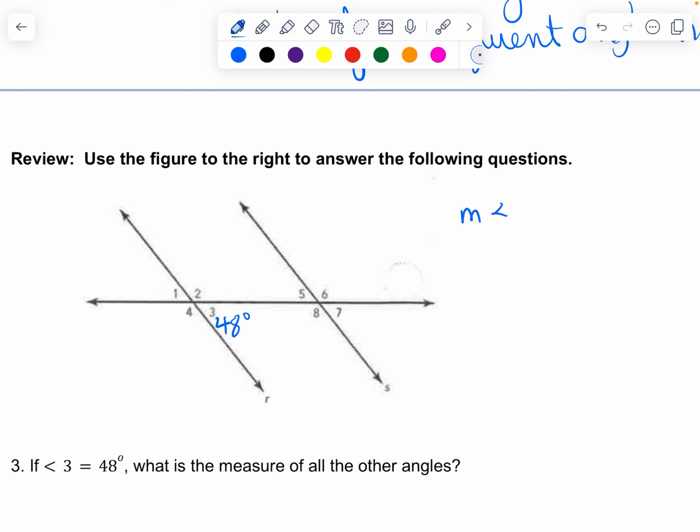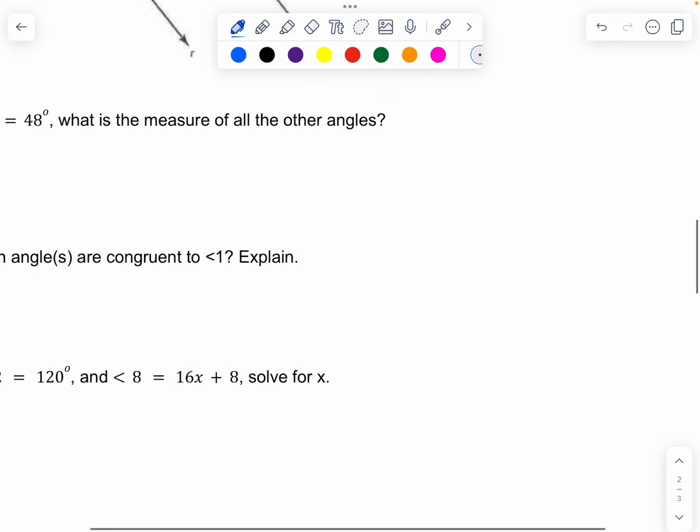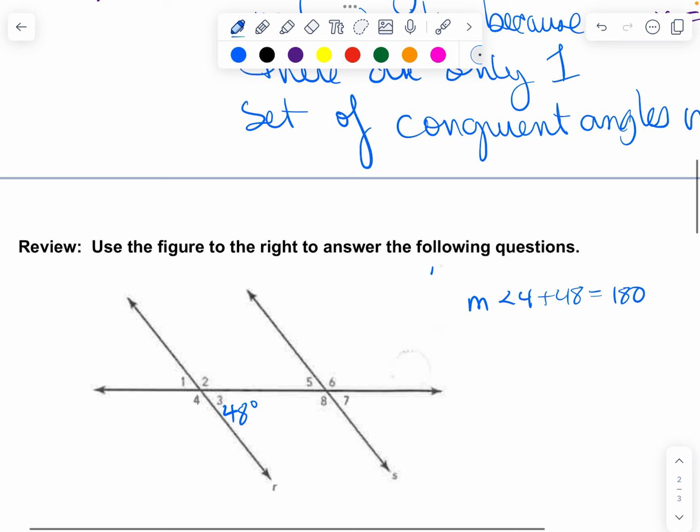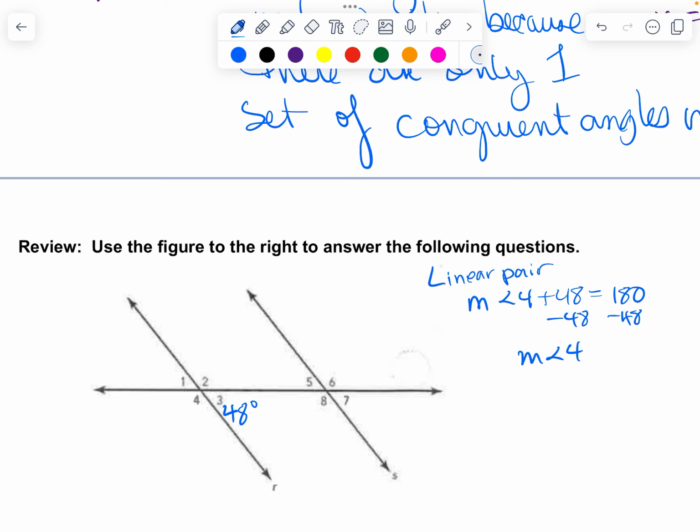The measure of angle 4 plus 48 degrees equals 180 because these two are a linear pair. So I subtract 48. I get the measure of angle 4 equals 132.